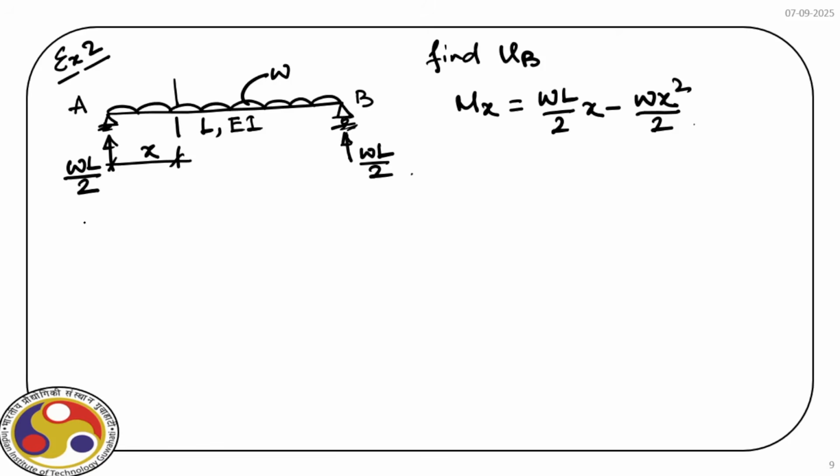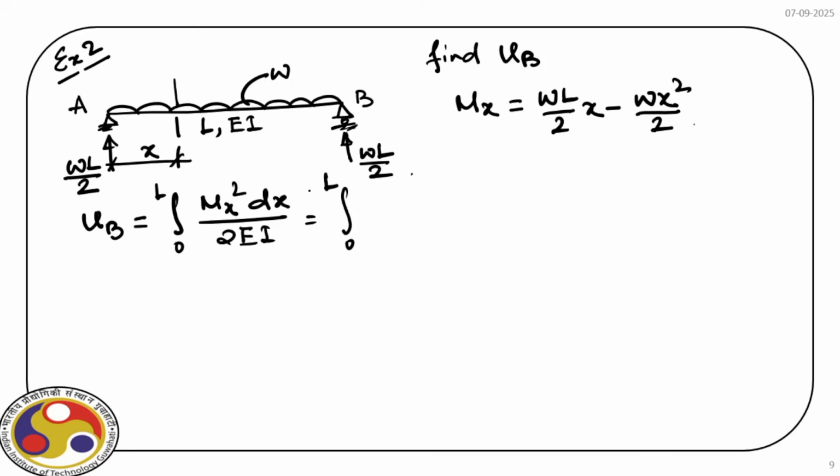Now we can find out bending strain energy UB is equal to integral 0 to L Mx square dx divided by twice EI, which is equal to integral 0 to L. In place of Mx, we can now write this expression, which is actually, if I take omega by 2 common, we have Lx minus x square.